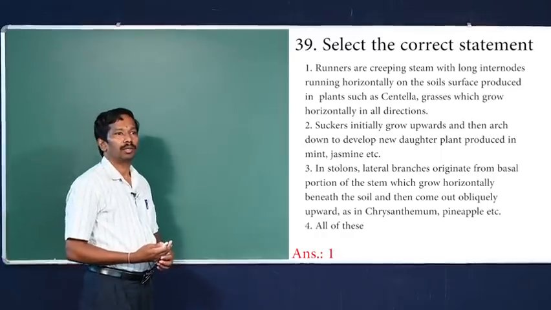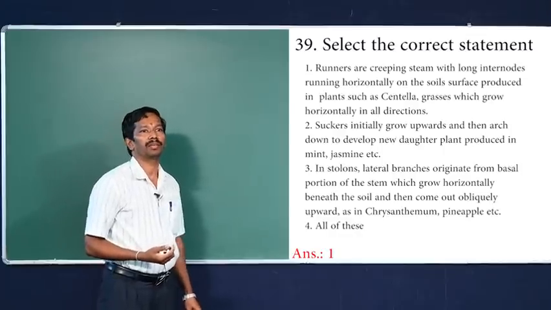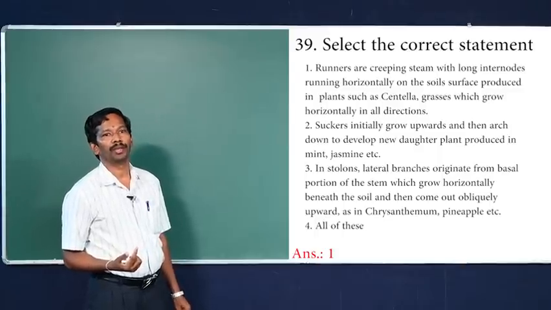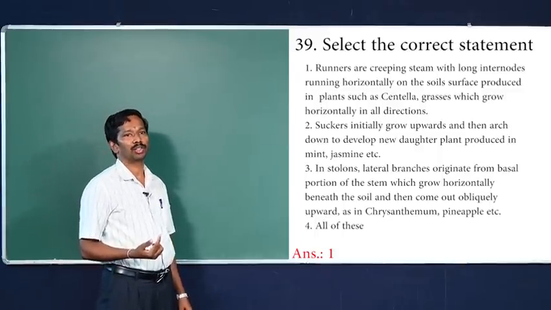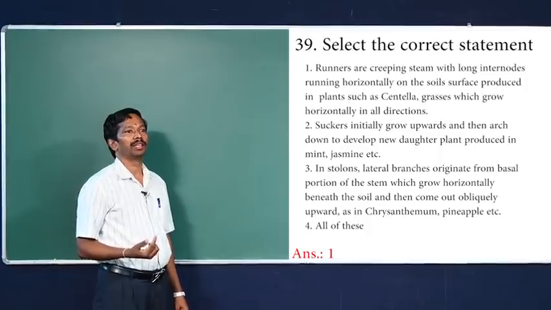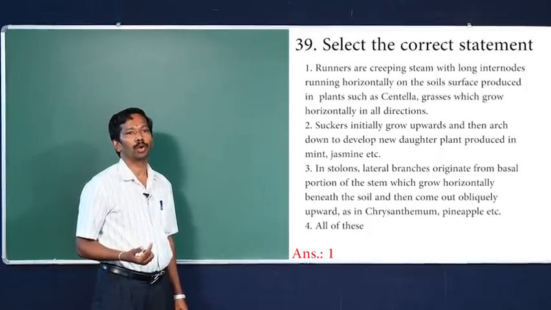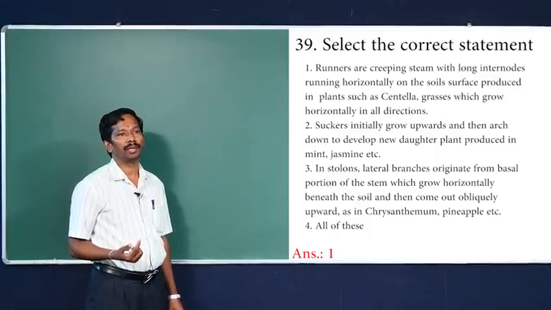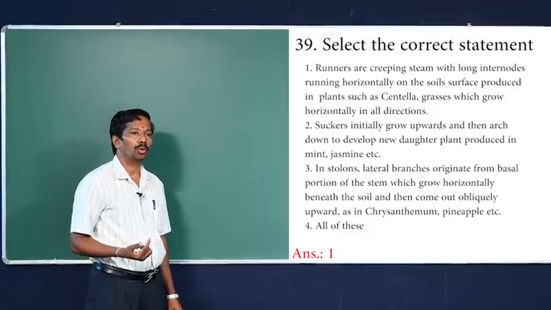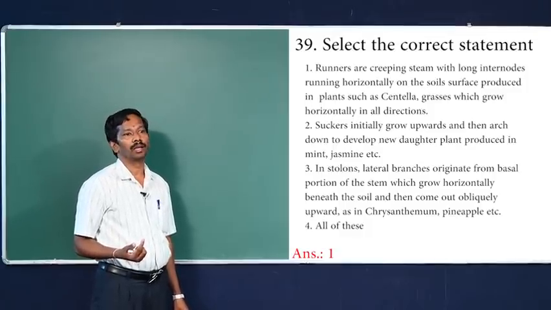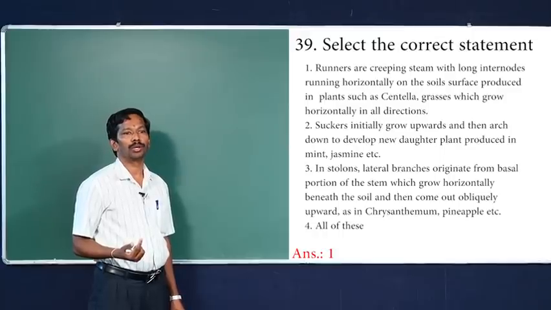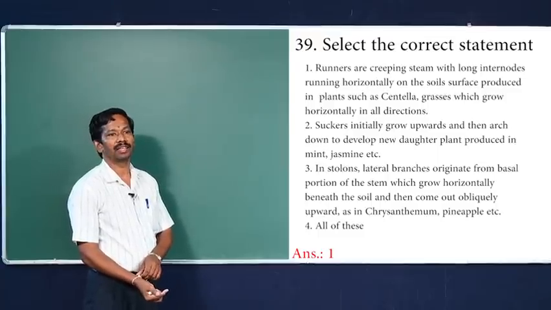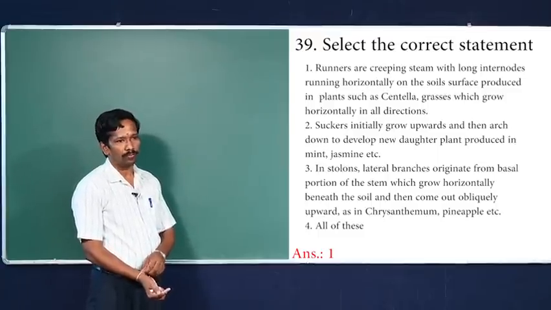Select the correct statement. First option, runners are creeping stem with the long internodes running horizontally on the soil surface, produced in plants such as centella, grasses which grow horizontally in all direction. Second statement is suckers initially grow upward and then arc down to develop new daughter plant produced in mint, jasmine, etc. Third one, in stolon, lateral branches originate from basal portion of the stem which grow horizontally beneath the soil and then come out obliquely upward as in chrysanthemum, pineapple, etc. And option 4, all these.